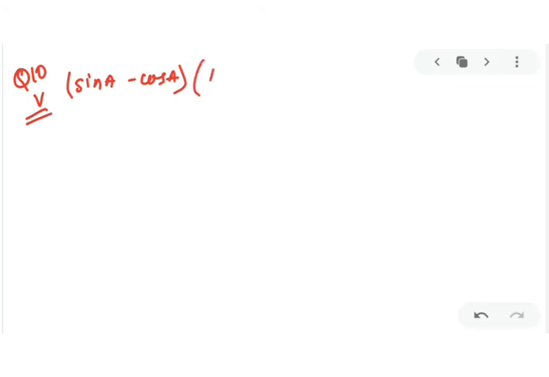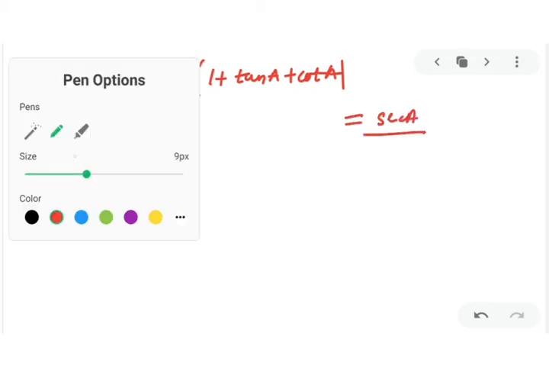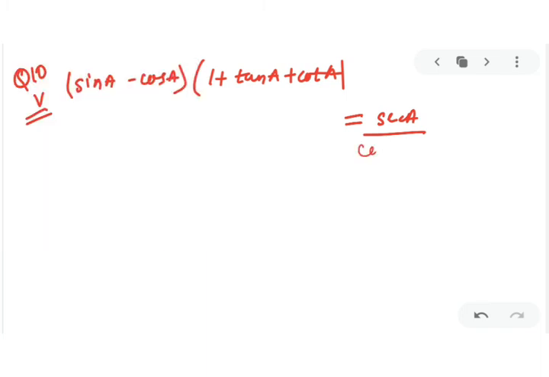In the other bracket you have (1 + tan A + cot A), and it should be equal to sec A upon cosec² A - cosec A.